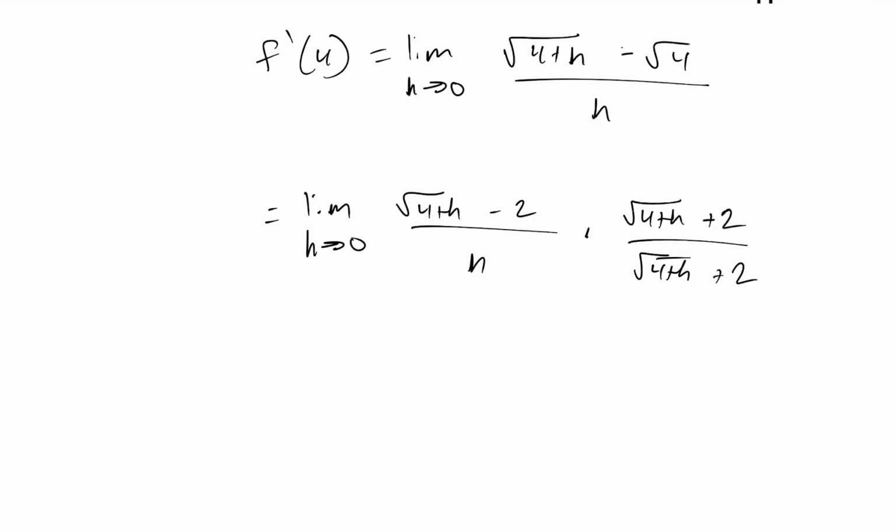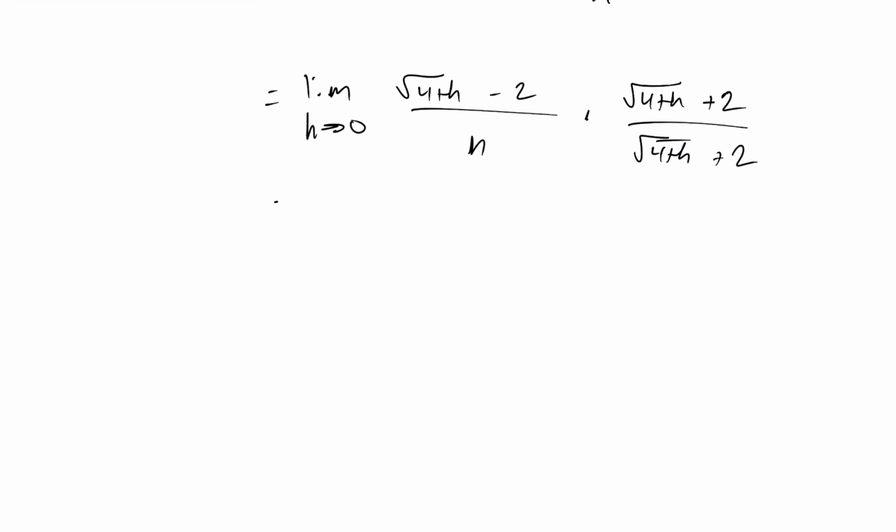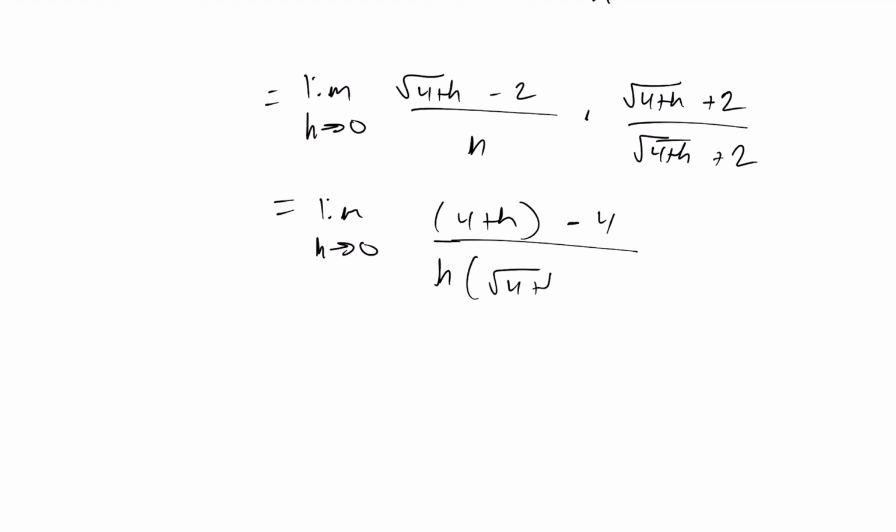From here, we're left with the limit as h approaches 0 of (4 + h) on top minus 4, all over h, times the square root of (4 + h) plus 2 on the bottom.